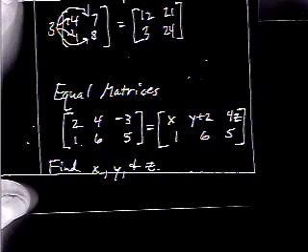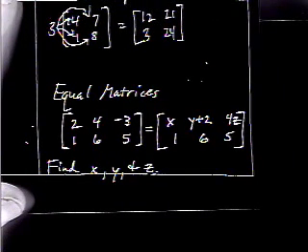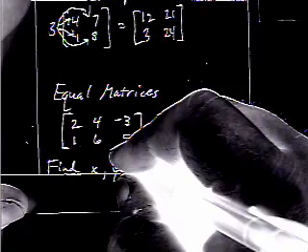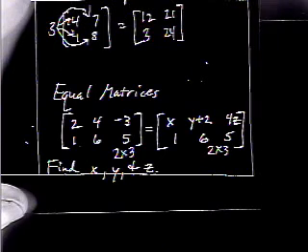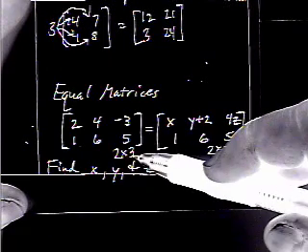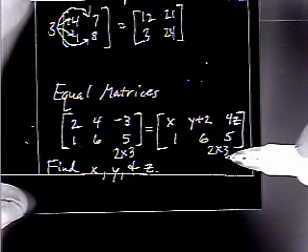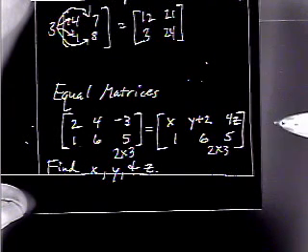The only way 2 matrices can be equal is if their dimensions are equal. In other words, same number of rows, same number of columns. You can't have 2 matrices being equal which do not have the same dimensions. And yes, that does mean if this was a 2 by 3 and we had a 3 by 2, they could not be equal. Switching the rows and columns, you can't call them equal in that case.